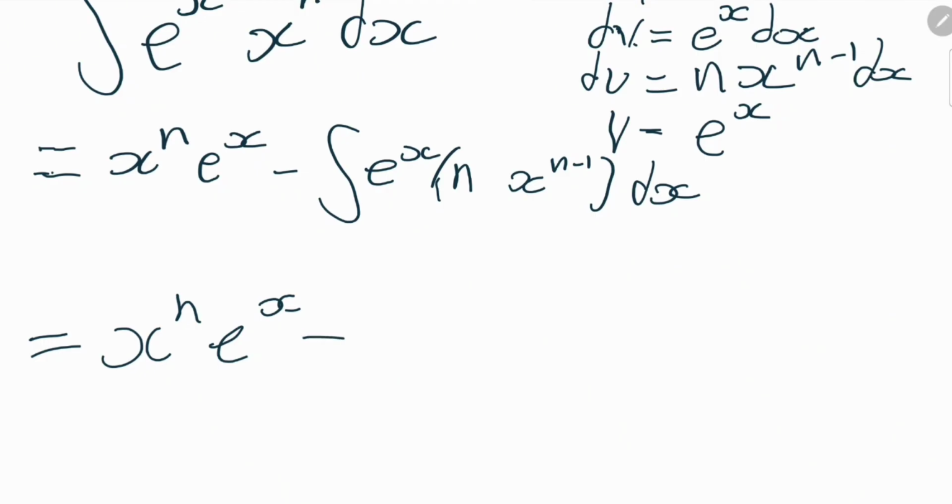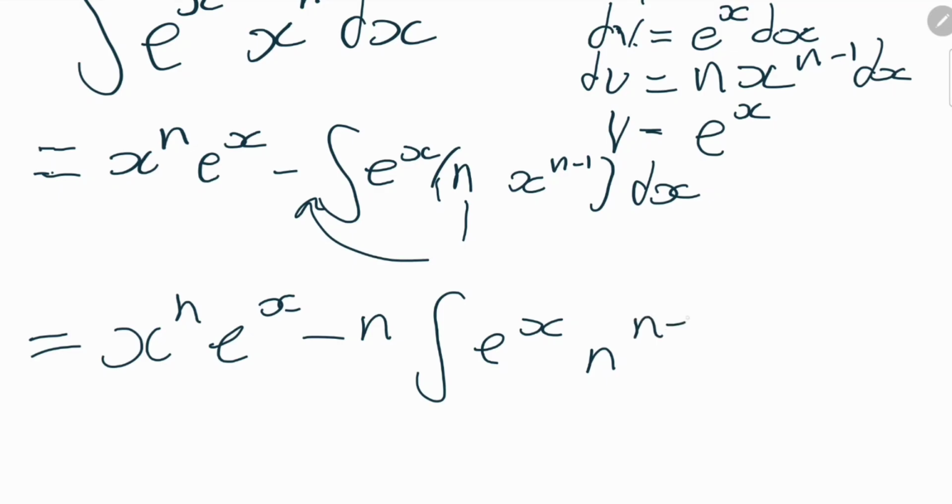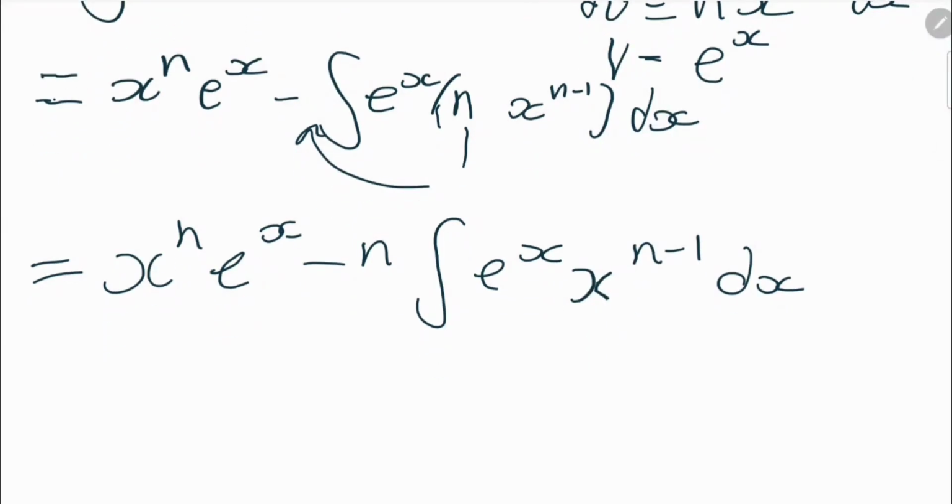Now minus, and if you see, we can move this n to the front, as n is a constant. Minus n times the integral of e to the x x to the n minus 1 dx. Okay, now it sort of depends what n is equal to.